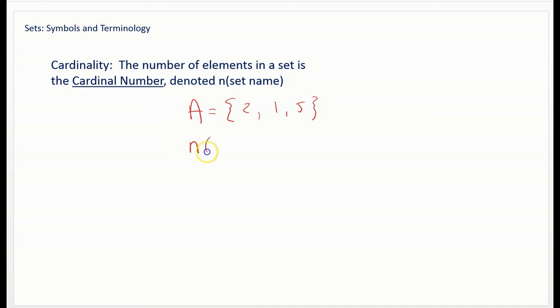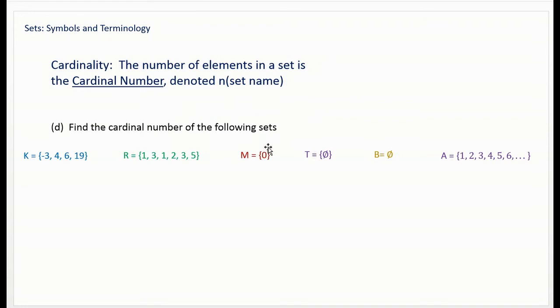So n of A denotes the cardinality, or the cardinal number of the set. How many elements does this set have? It has 3. Okay. Now, if any of the numbers were listed more than once, you wouldn't count them more than once. So if I listed 2 twice, I wouldn't count it twice because it's really just a single element. And so let's do some examples where we're calculating or finding cardinality.